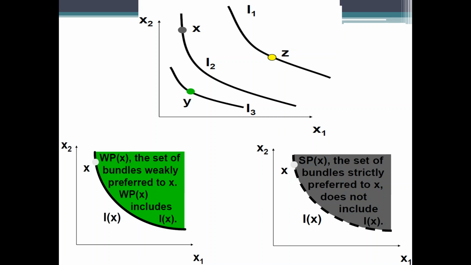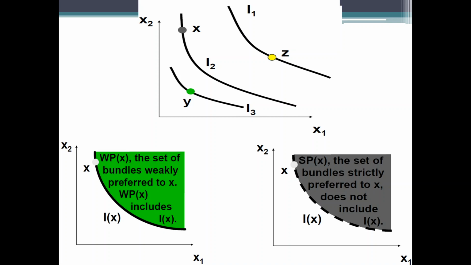If we move along every indifference curve, what will we get? We will get the same level of satisfaction. Let's assume that we are just moving along the first indifference curve I1. At every point, at every consumption bundle, we will get the same level of utility, the same level of satisfaction. So in this case, which preference relation will we use?